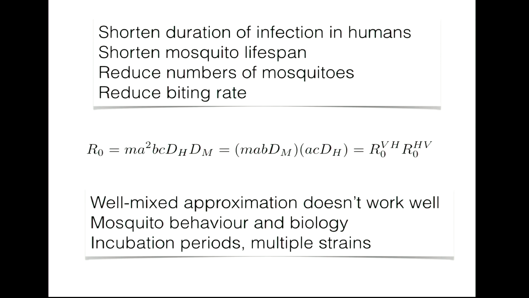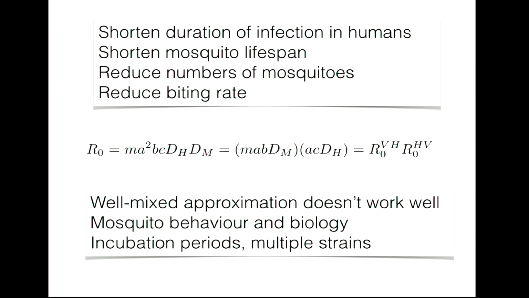So these, as we argued with the earlier definition of R0, if you understand what R0 is in terms of some underlying model for how bites happen, how efficient bites are in transmitting infection, etc., that will point to the chinks in the armor of this whole cycle of transmission between mosquitoes and humans.